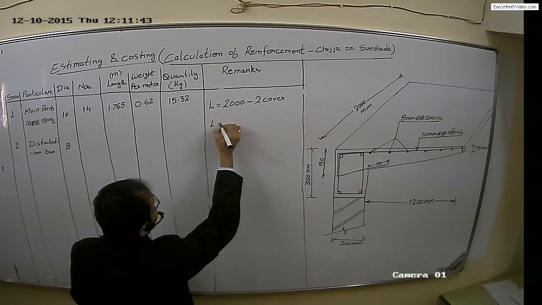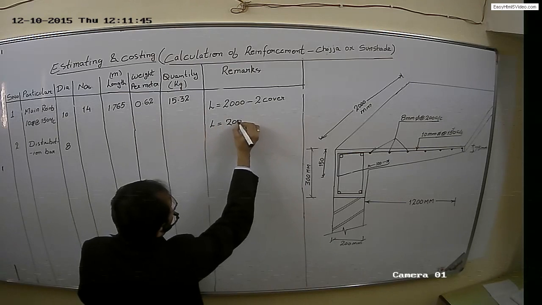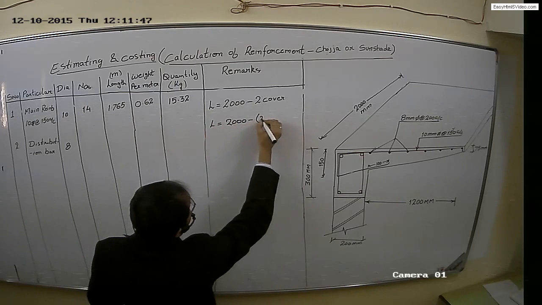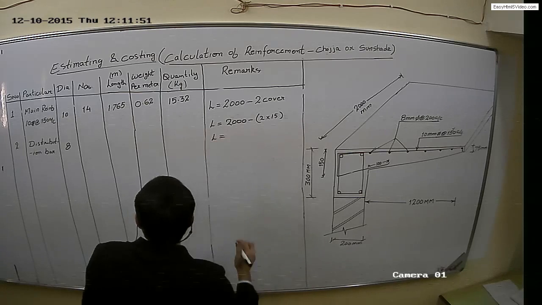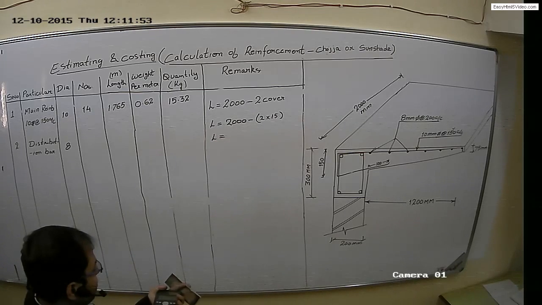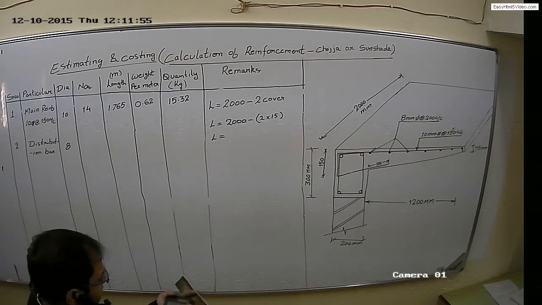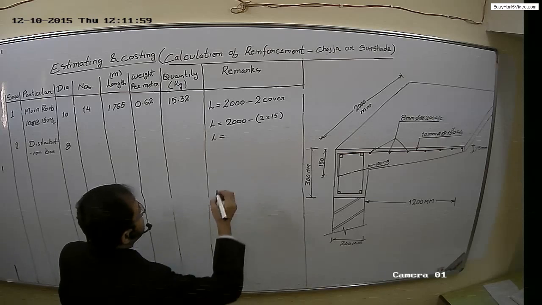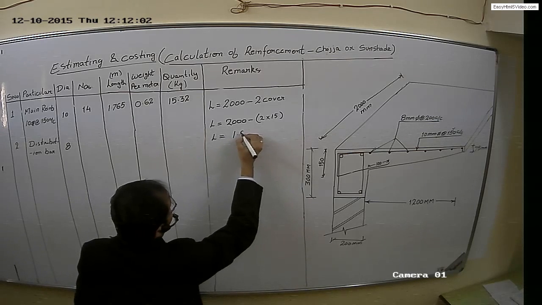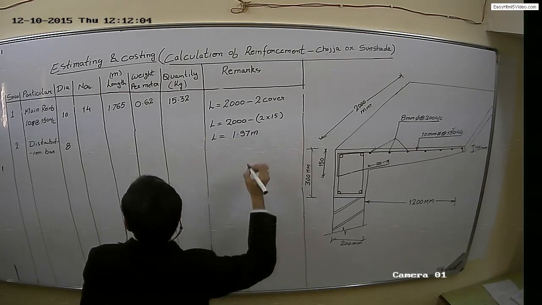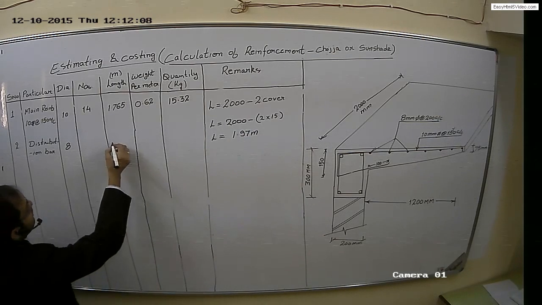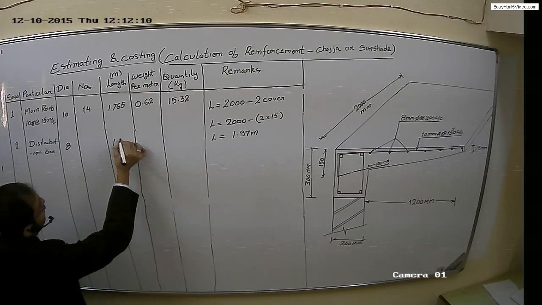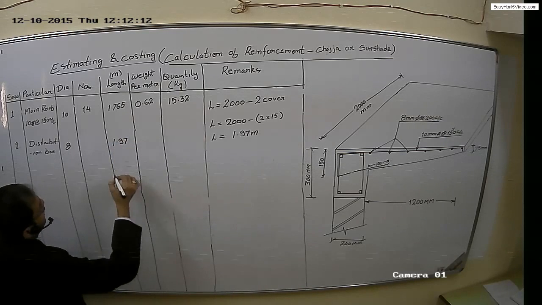So length will be equal to 2000 minus 2 into 15, which is 1.97 meter. You have to write this length here, 1.97 meter.